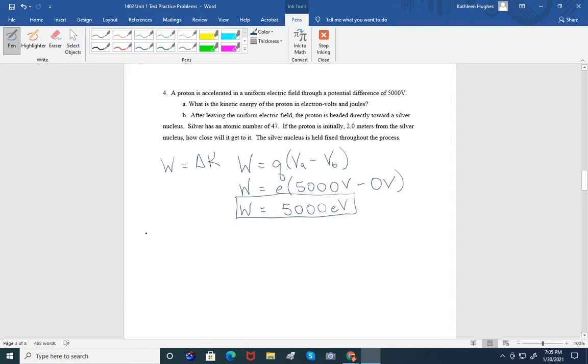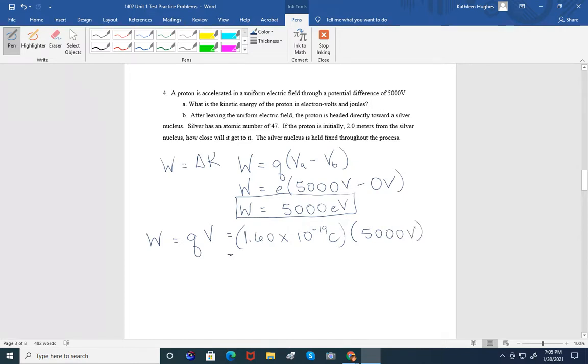We can do the same thing, and say this time we're going to do it in joules, so we'll have to use the charge in coulombs: 1.60 times 10 to the negative 19 coulombs, and again, a potential difference of 5,000 volts.